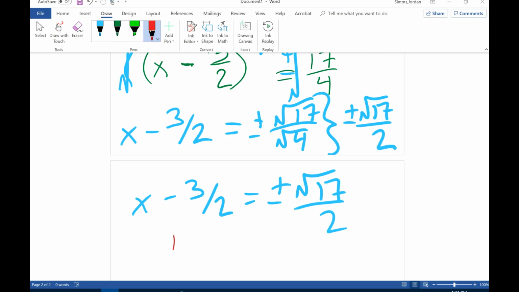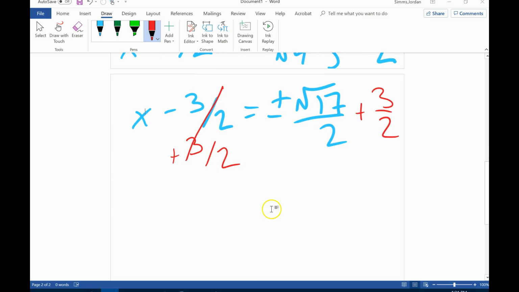We'll do a bit of algebra now. We'll add 3 halves to both sides. Now you might be tempted to combine numerators here, but remember these are two different species of numbers. This is a radical, a decimal that goes forever, and this is just a nice whole natural number, 3. So don't do that, okay? This is all gone, and we can separate this out a little bit now.